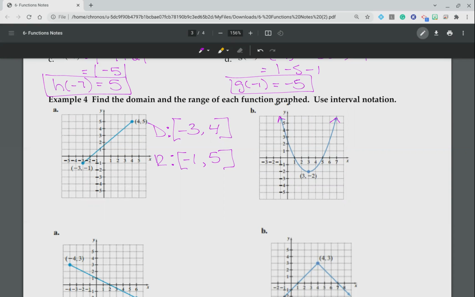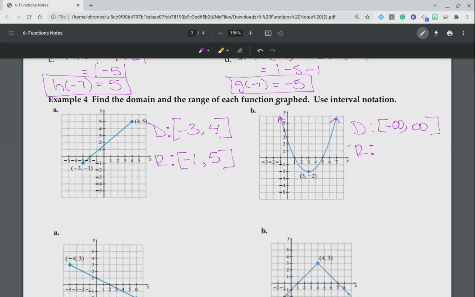So if I'm looking at my domain, my x values are going to go on forever and ever because that arrow tells me that this graph is going to go on forever. So therefore, my lowest x value is -infinity. And then same thing the other way, this graph is going to go on forever and ever this way. So my highest number in my domain is +infinity.